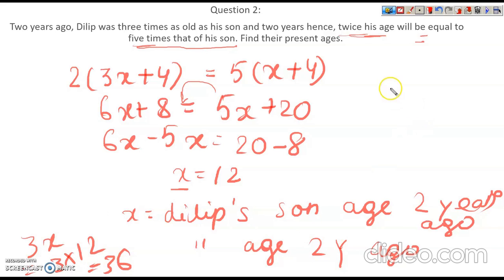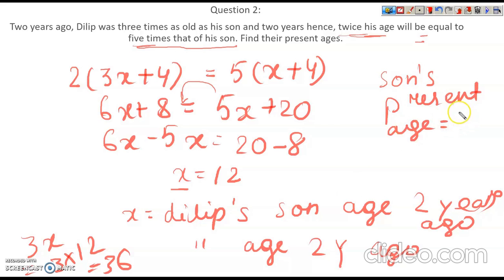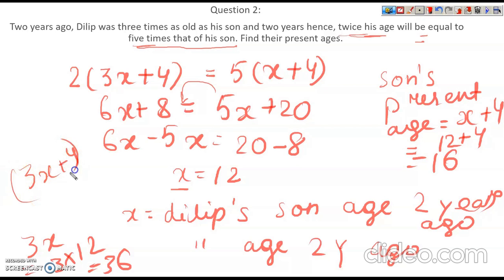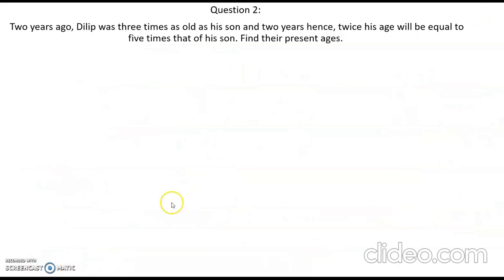So the son's present age, from the equation, we wrote that its present age is x plus 4. So 12 plus 4, which is 16. And Dilip's present age, from the equation, we wrote 3x plus 4. We have 3x is 36, then plus 4. It will be 40. So I think you understand this. This was not very difficult.